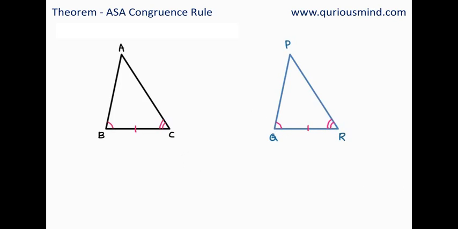So the given is this. Now we need to prove, using our previously proved theorems, that these two triangles are congruent.